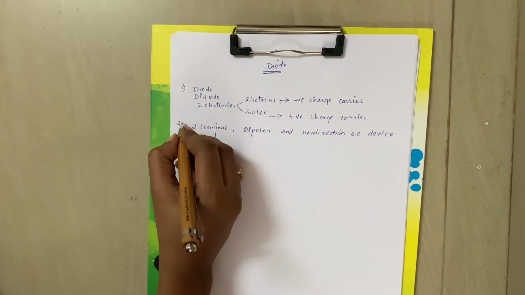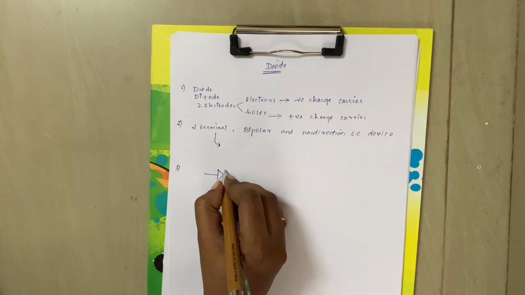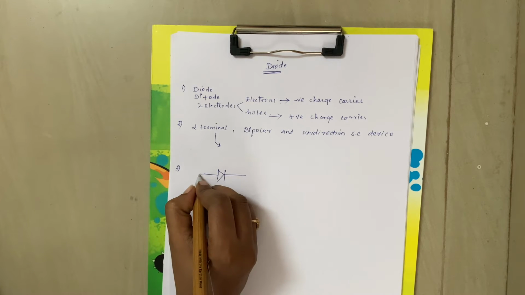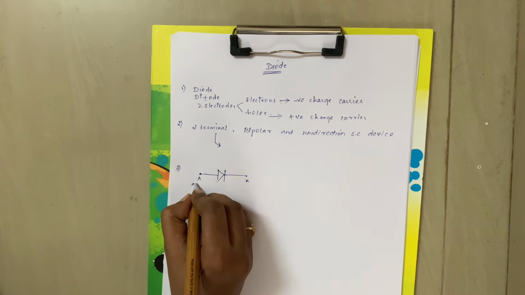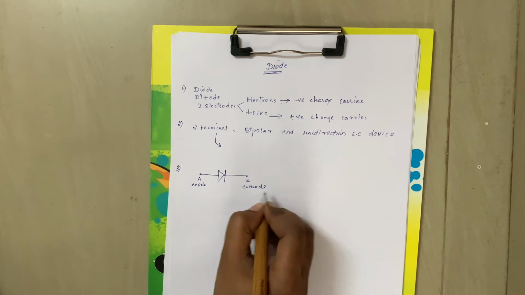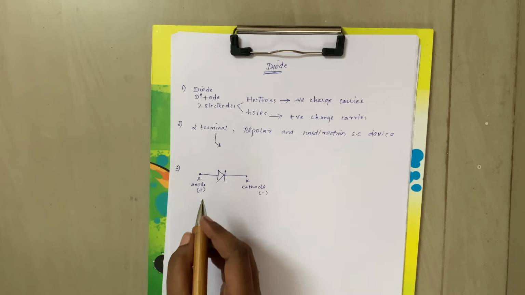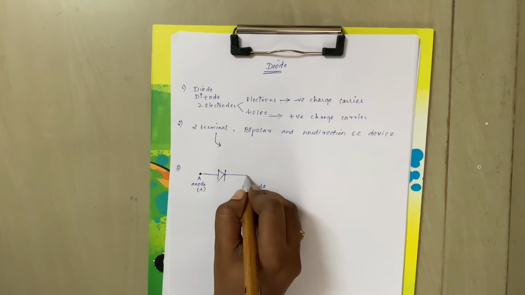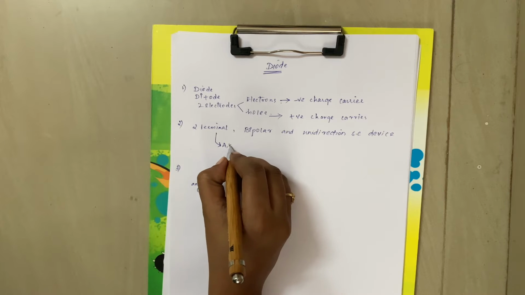If you check the symbol, this is the symbol of a diode. One end is anode and another end is cathode. Anode is positive, cathode is negative. So a diode has two terminals, anode and cathode. That's what is mentioned here.